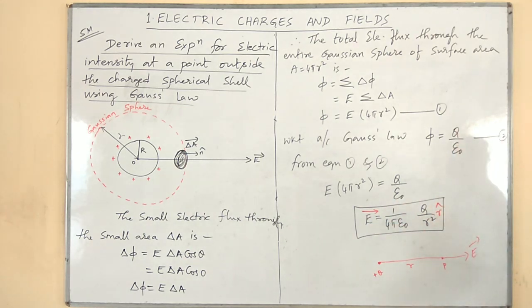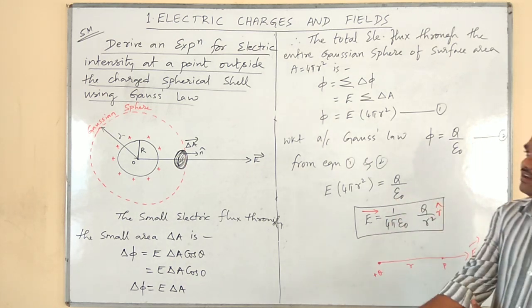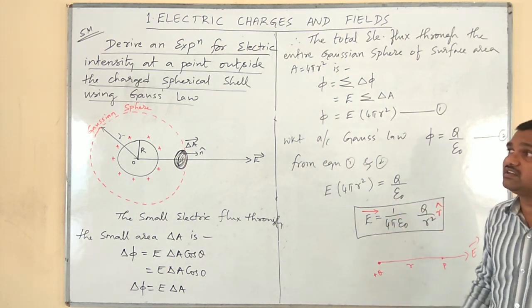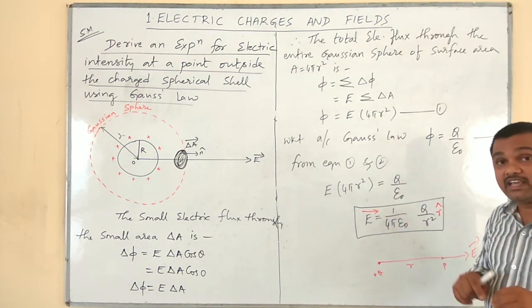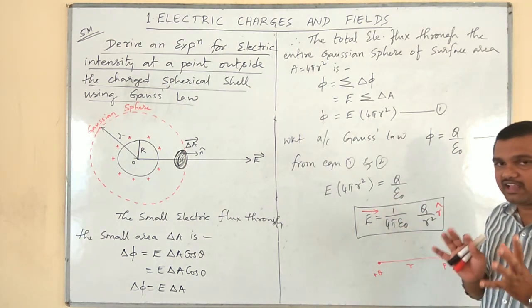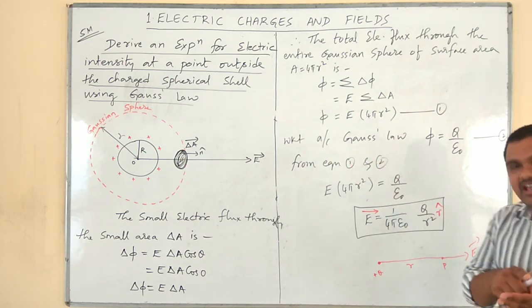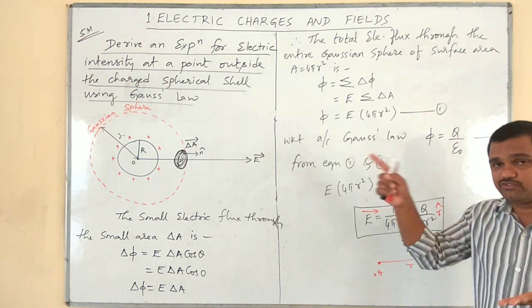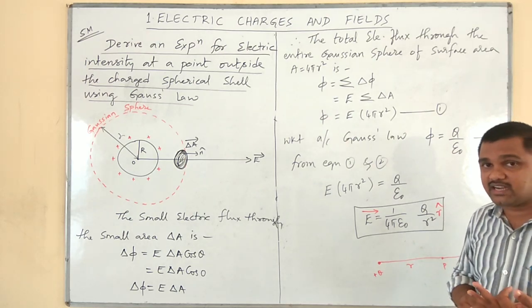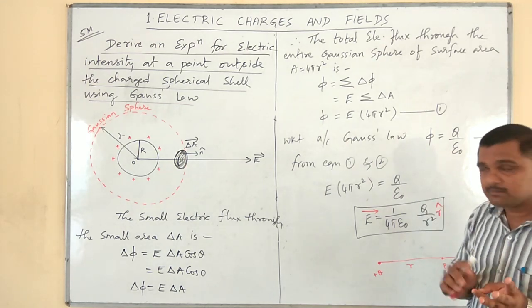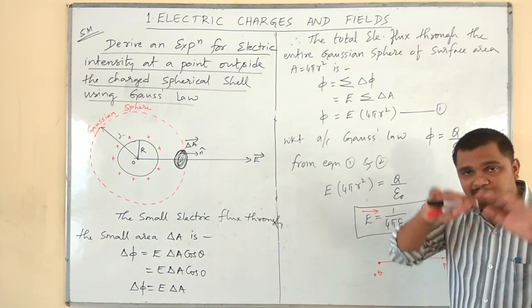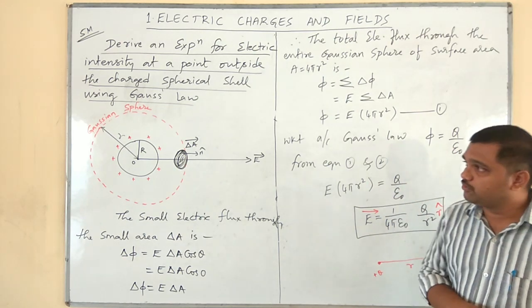So this is the first application of Gauss law, that is, derive an expression for electric intensity at any point which lies outside a charged spherical shell. What I have done here is simply followed the three rules of Mr. Gauss. The first rule said that we have to imagine a Gaussian surface symmetrical to the charge distribution.